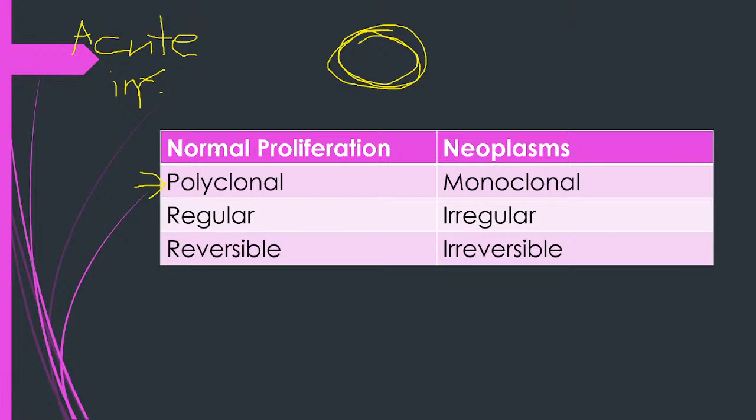So that you guys get to understand what's the difference between polyclonal and monoclonal. Anybody? Chat box. You have five to choose from: neutrophil, monocytes, eosinophil, basophil, and lymphocytes. Which of these five will arise in acute infections?